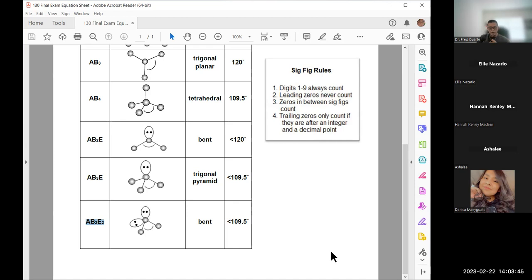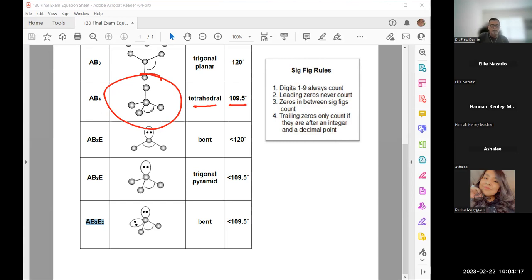There's the three-dimensional picture of this, which could be water, where you had the central atom of oxygen, and then those two hydrogens bonded to it. And then there's two lone pairs of electrons. Well, the geometry of that configuration is called bent. And that bond angle is much less than 109. Remember the reference point was tetrahedral, where the bond angle was 109.5.